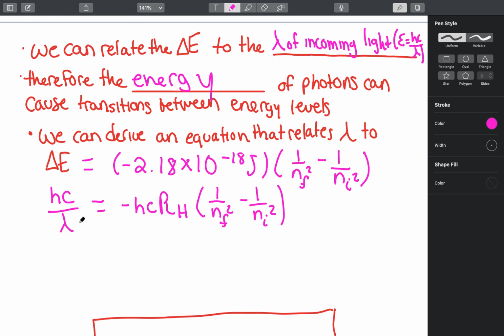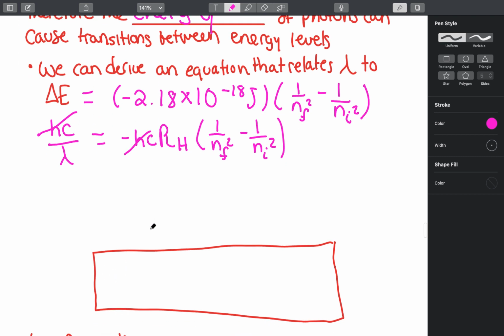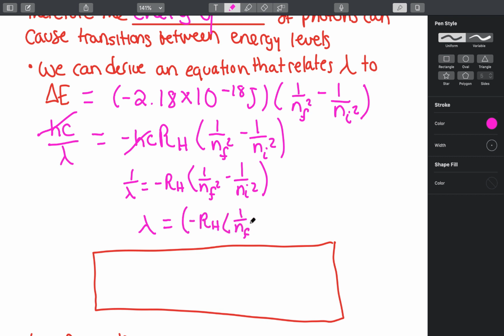So you'll notice that we have some common factors here, so we can cancel these two factors out. This therefore gives us 1 over lambda equals negative RH times 1 over nf squared minus 1 over ni squared. And now, in order to get lambda to the numerator, we'll just take the inverse of the whole function, giving us lambda is equal to negative RH times 1 over nf squared minus 1 over ni squared, all to the negative 1.